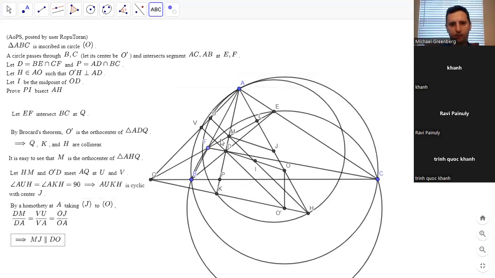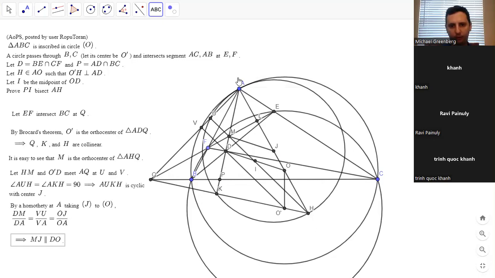So then we want to show that PI and J are collinear. So we want to show PM over PA times AJ over JO is equal to 1. Sorry, I'm getting confused.